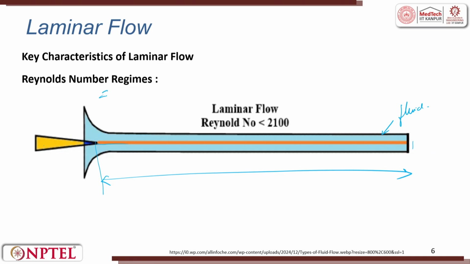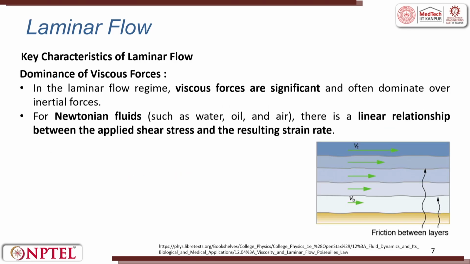For the Reynolds number regime of laminar flow, the Reynolds number is less than 2100. So, the dominance of viscous force: in the laminar flow regime, viscous forces are significant and often dominate over the inertial force. That is the difference.